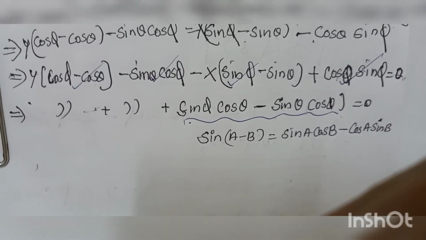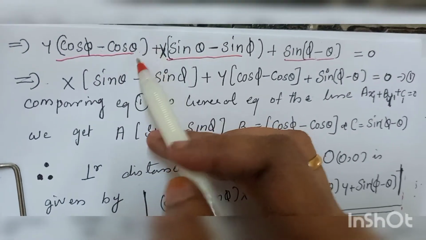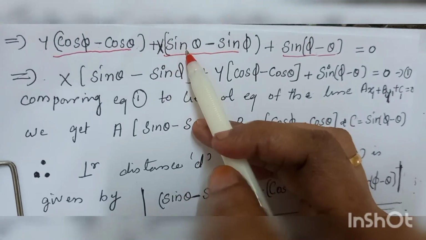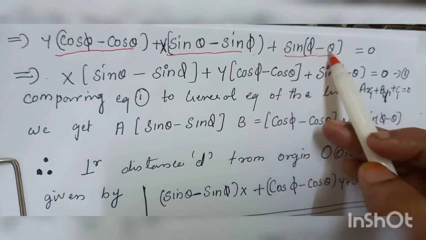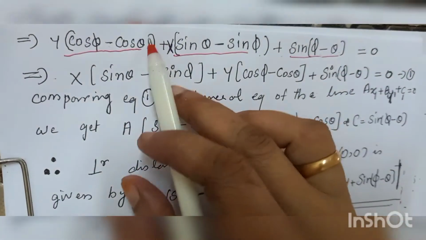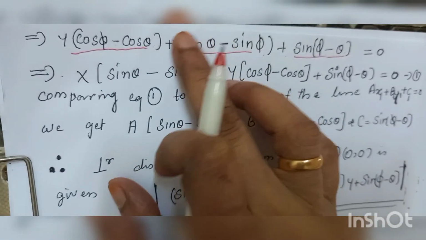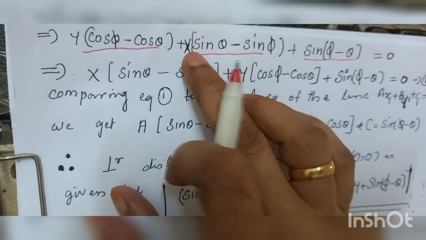So y in bracket cos phi minus cos theta plus x into bracket sin theta minus sin phi plus sin phi minus theta is equal to 0. Earlier it was minus. Because here we want x positive, so we have done some arrangements, so we get like this.